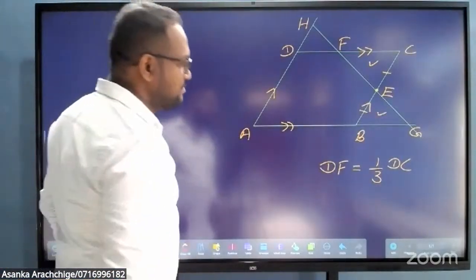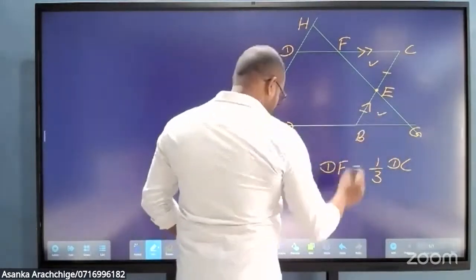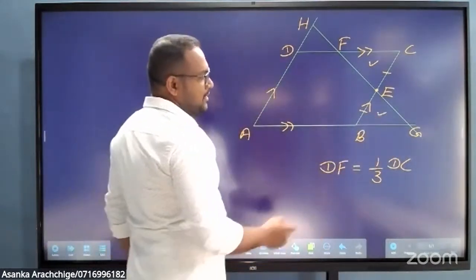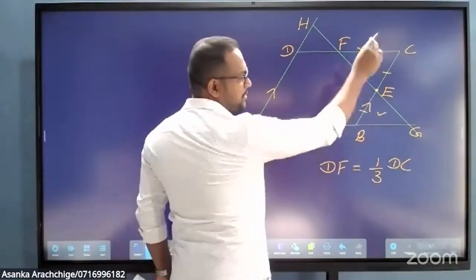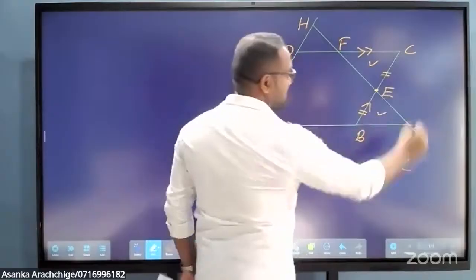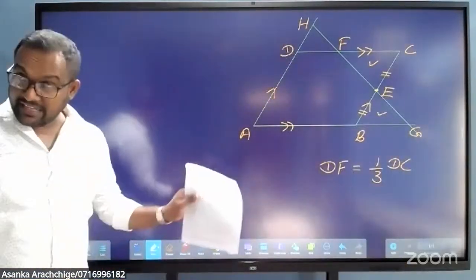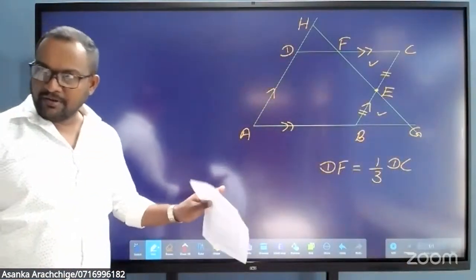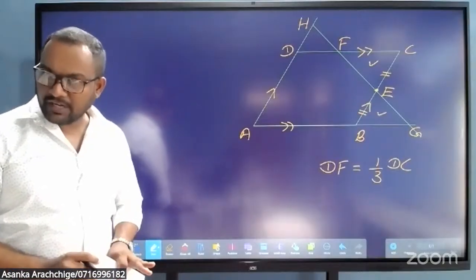AAS case, because we are given E is the midpoint of BC, therefore BE must be equal to CE. That is a given piece of information. Clear?